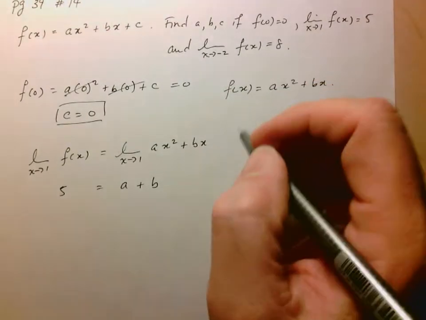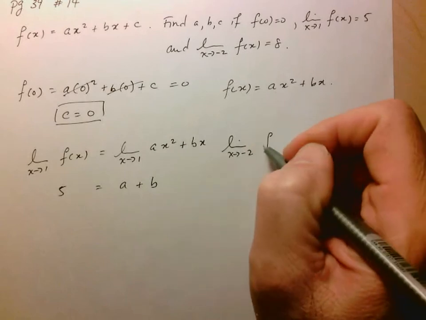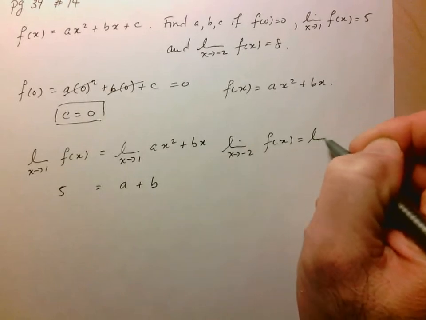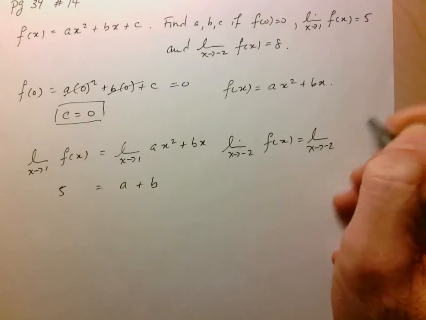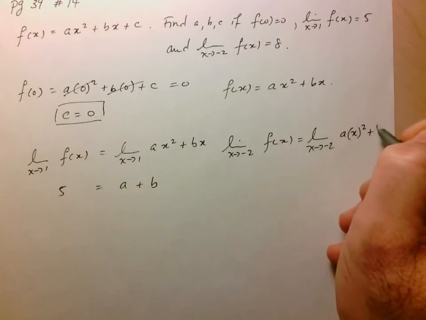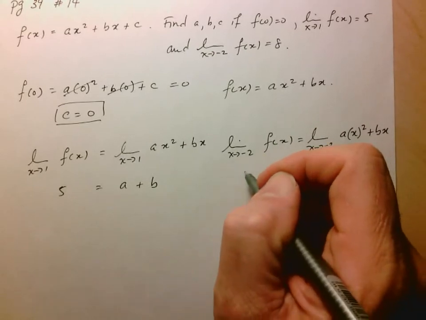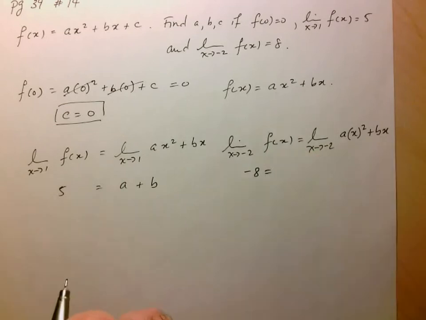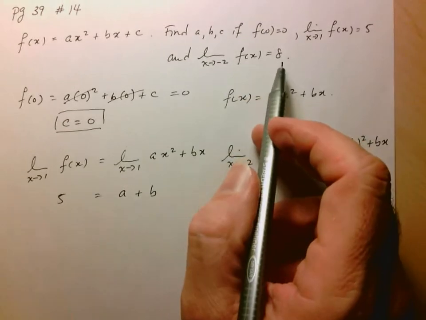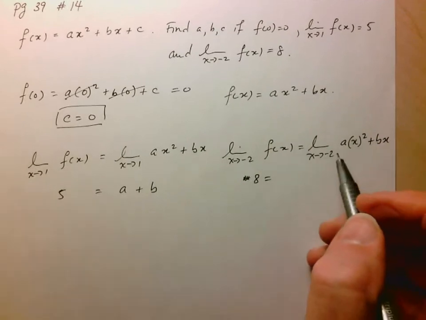Let's do the same thing with that other limit. The limit as x approaches negative 2 of f at x is just the limit as x approaches negative 2 of ax squared plus bx. They told us that was negative 8. Sorry, I just noticed here it's positive 8, so let's get rid of that negative here. And do the same thing.